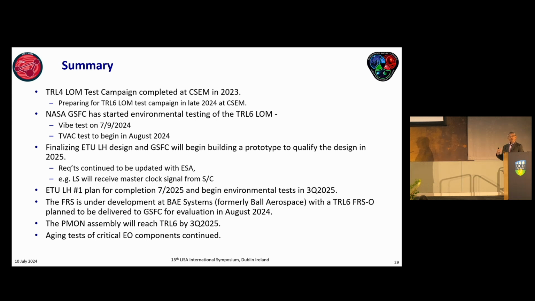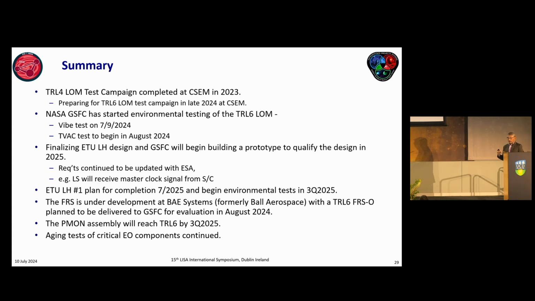Requirements are being constantly updated, working with ESA. For example, just a few weeks ago, we learned we are going to receive the master clock signal from the spacecraft for the laser system.